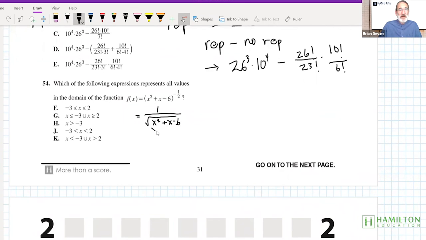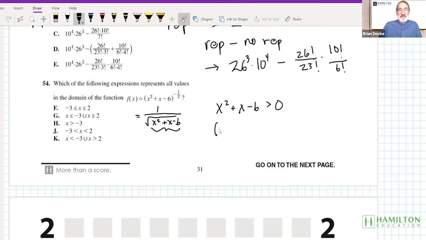So what we want is this thing here has to be greater than or equal to 0. So we set that greater than or equal to 0. Pardon me, greater than 0, because we can't have a 0 down below.